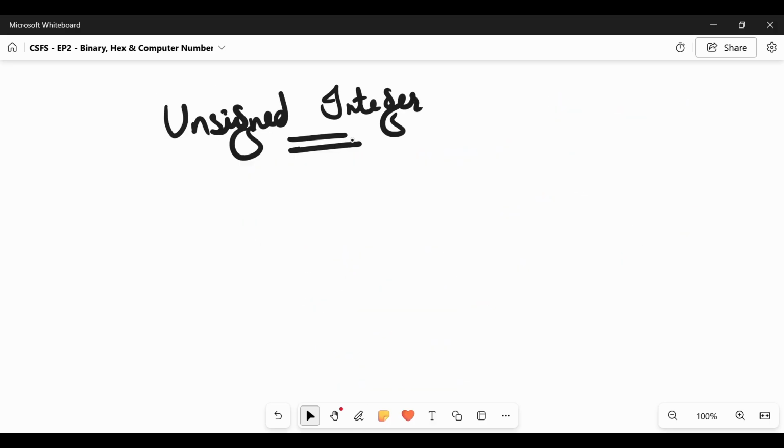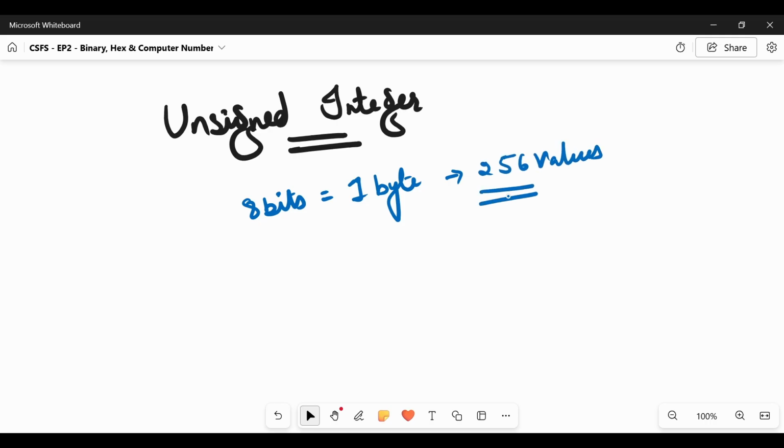Now, what are unsigned integers? We know that 8 bits, which is equal to 1 byte, which is equal to 256 values. These values can be signed as well as unsigned.